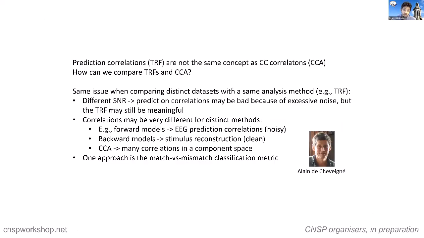So the point is, it's hard to deal with correlations in this case, because the correlation is not comparable to what we were using for TRFs. So one approach is the match versus mismatch classification metric.